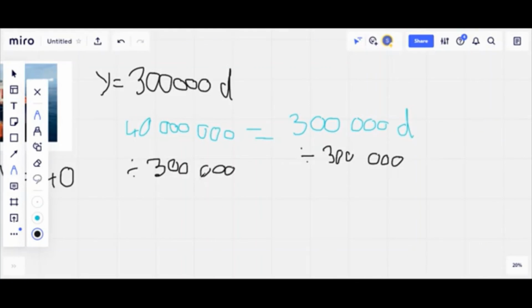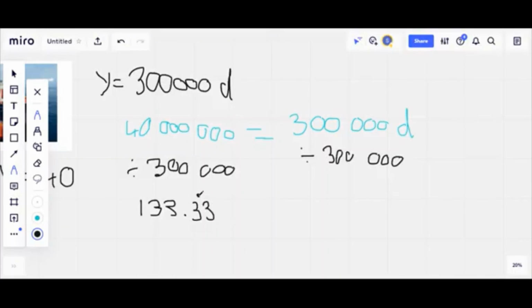That will give us a value of 133.33 recurring.